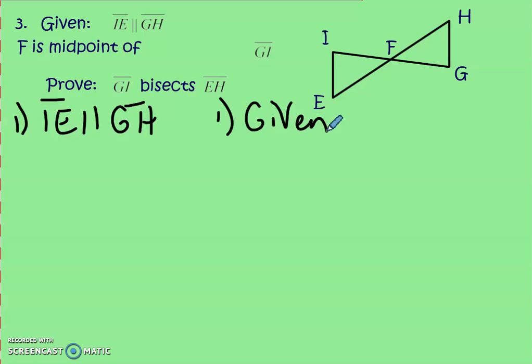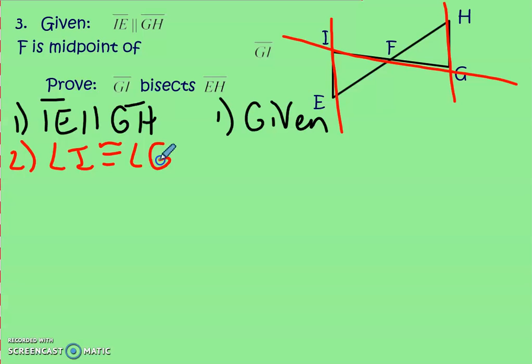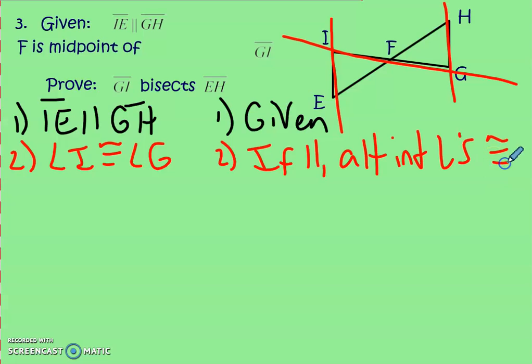So if IE is parallel to HG, make one of these your transversal. That means that we could say that angle I is congruent to angle G. And that would be, if we have parallel lines, then our alternate interior angles are congruent.